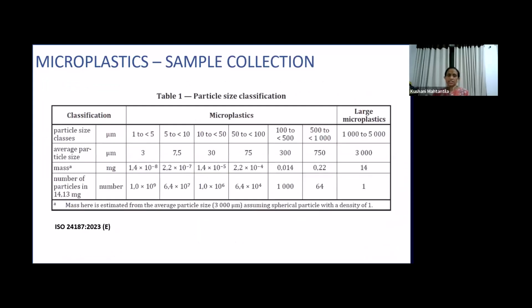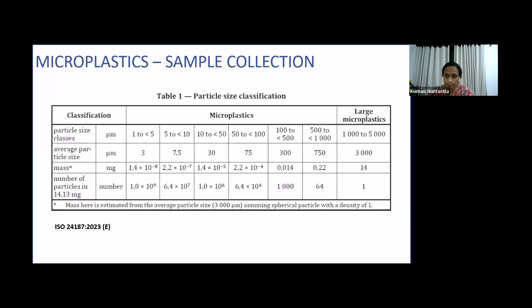As I mentioned earlier, this is the particle size classification. If we use fractionated sieves, for the first sieve we can use a 5 millimeter sieve. Particles retained on that sieve, we can consider macroplastic, and if we want, we can analyze them. If we are interested only in microplastic, we can discard the particles retained on the 5 millimeter sieve.